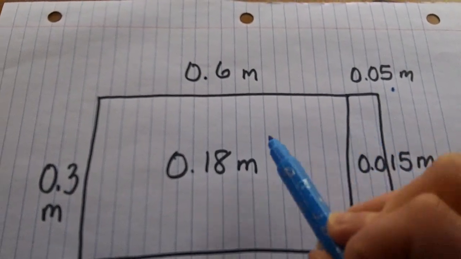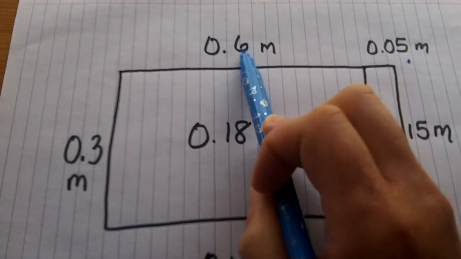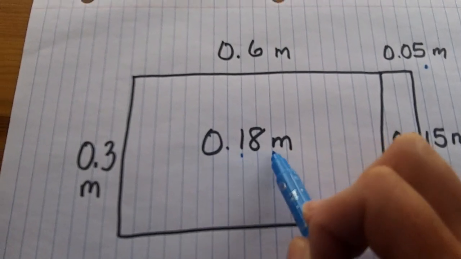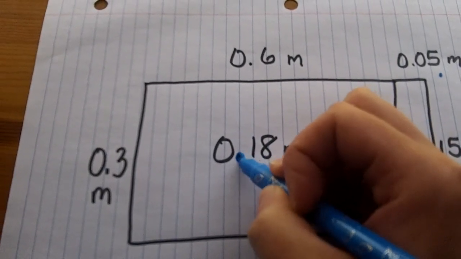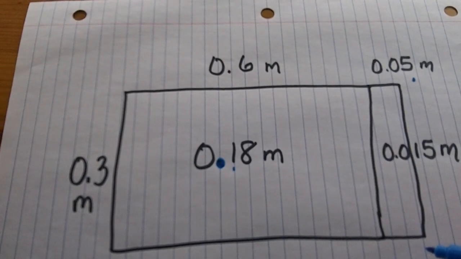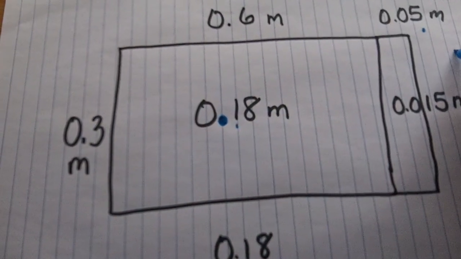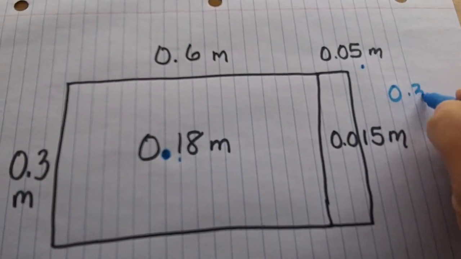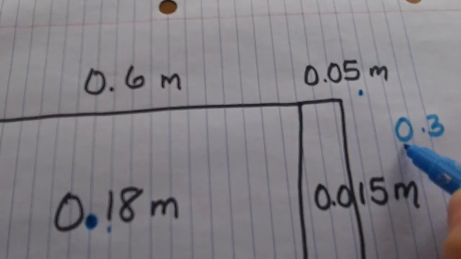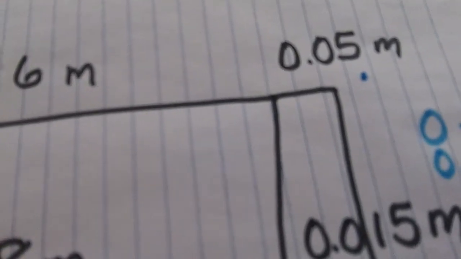So I'm working with 2 boxes, a little bit more manageable. 3 times 6 is 18, for a total of 18 hundredths, my decimal is here. This one now is telling me that I'm going to multiply 0.3 times 0.05.